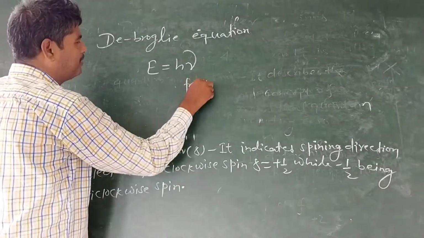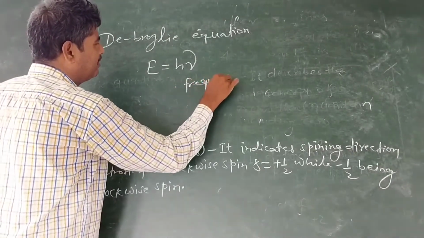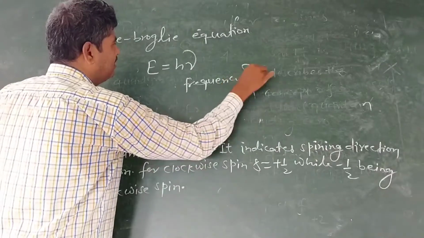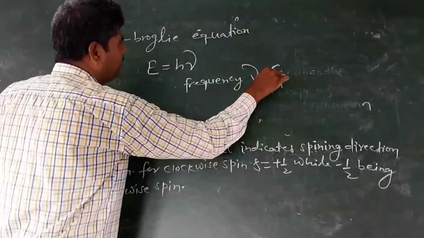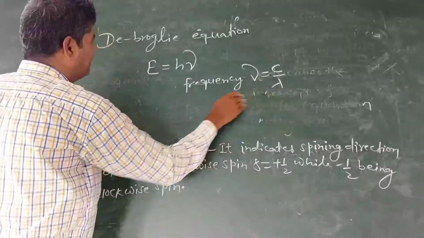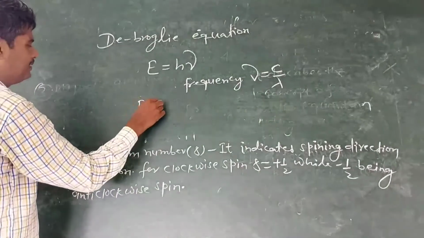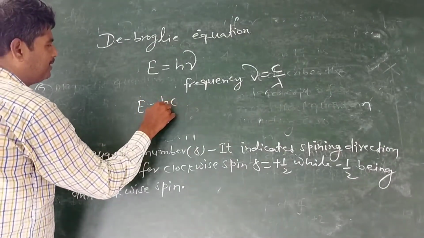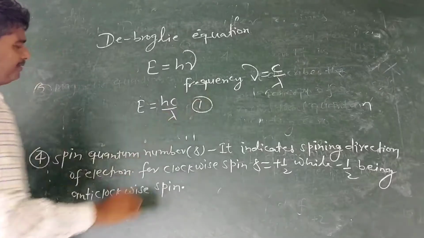Frequency nu is equal to c upon lambda, c is speed of light, lambda is wavelength. So we may write E is equal to hc upon lambda, number 1.